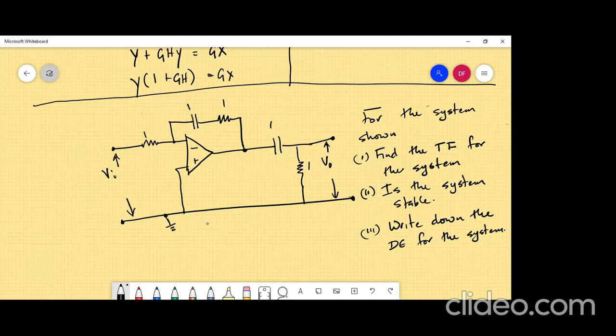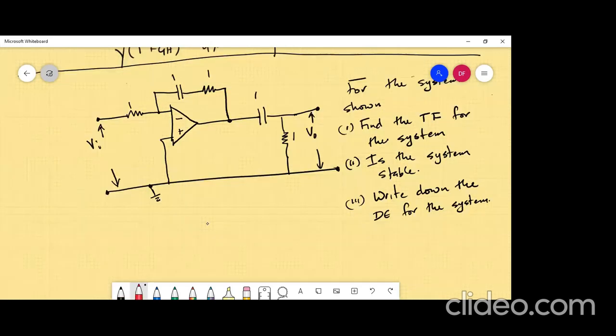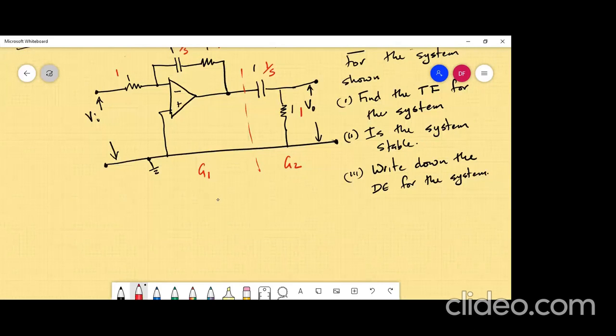All right, so we divide the circuit and find the Laplace of both the input and output of the components. We're going to call this one G2, and this one G1. So let's do G2 first.